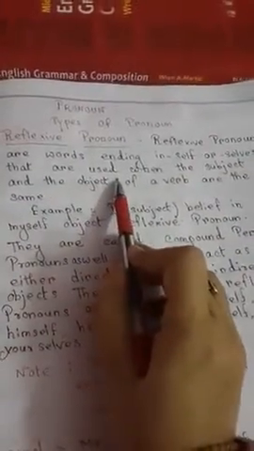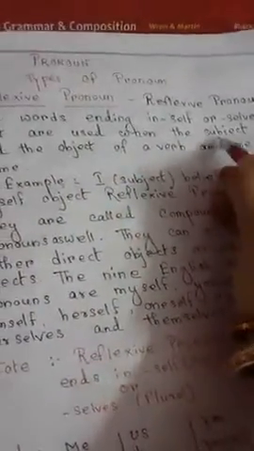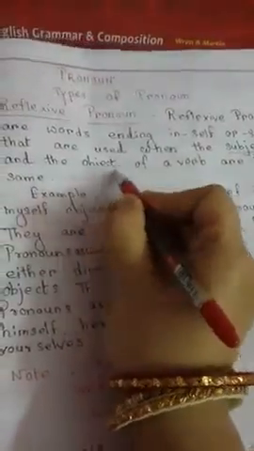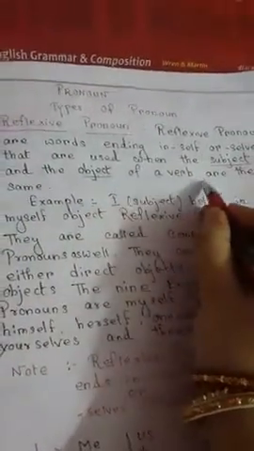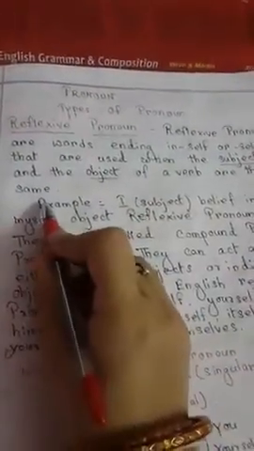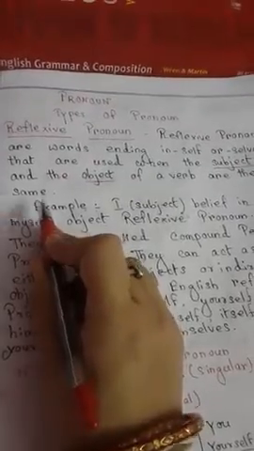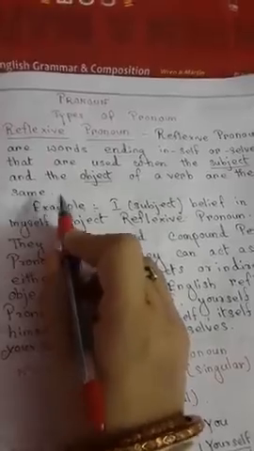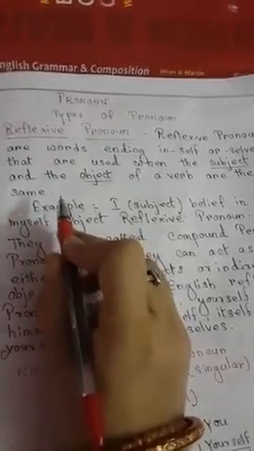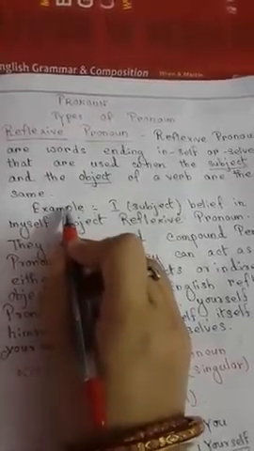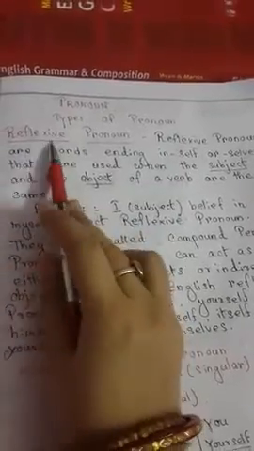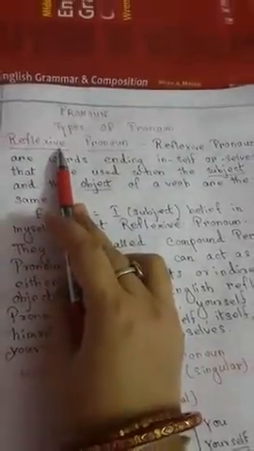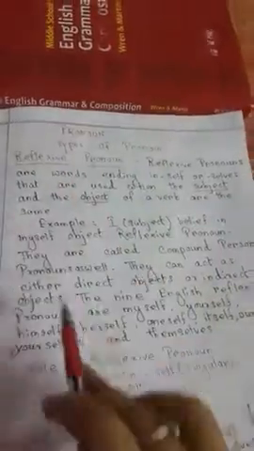They are used when the subject and the object of a verb are the same. Remember this, note it down: only when the subject and object of a sentence are the same can we use reflexive pronouns, otherwise not.